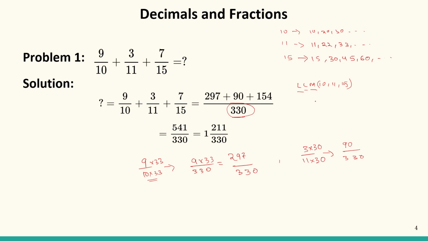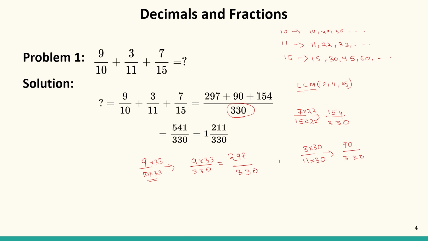You do the same for 7 by 15. You need to convert it to a fraction with the denominator 330. This is into 22. So you multiply 22 to the numerator, and what you are left with is 154.